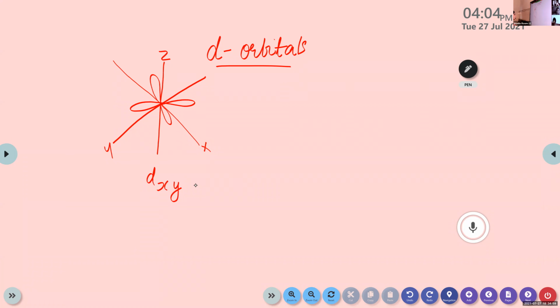This is the first figure, dxy. This is the first one. Then the second one, you can draw the axis first.